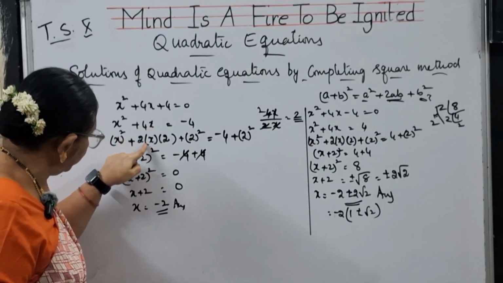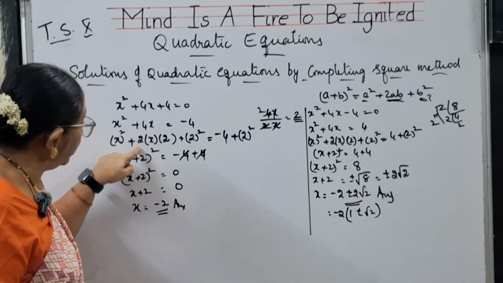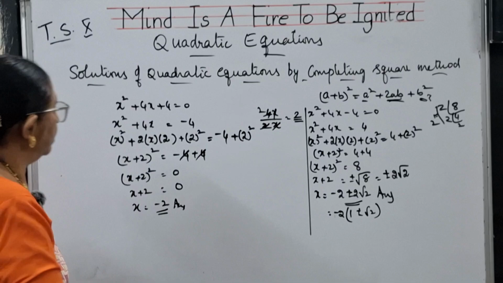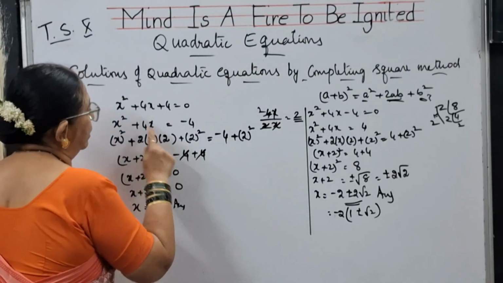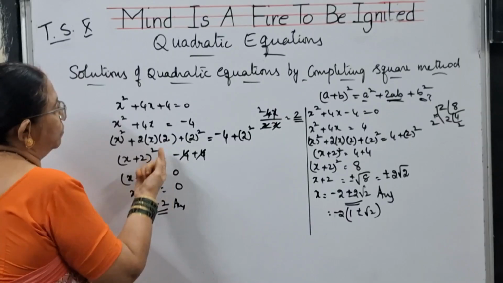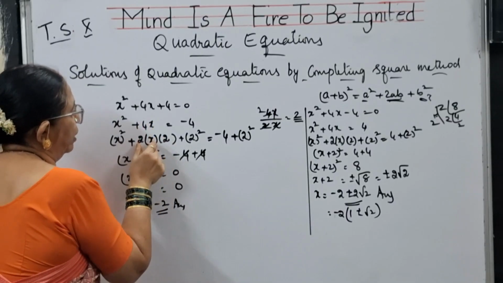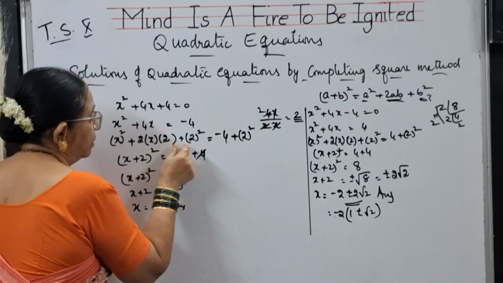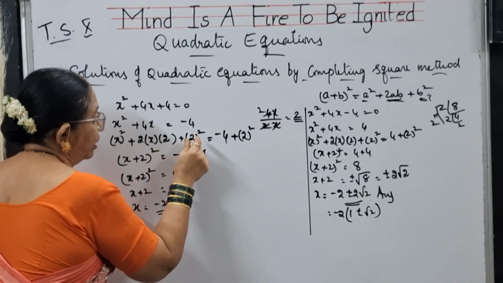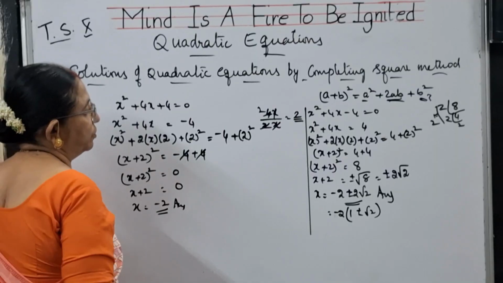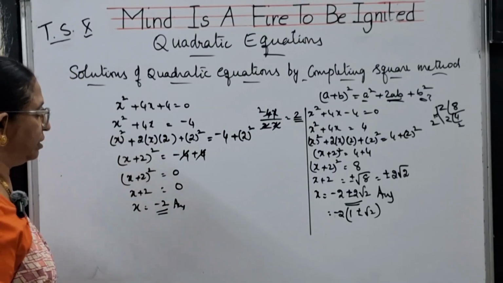From this you have to divide 2x. Why? 4x by 2x if you do, you will be getting what is the b value. Because 2 into a into b is this. We have 2 into a. What is b? How will you get? This divided by this, if you do, you'll get b. If you got the b, then b square. Whatever you are adding here, the same thing you have to add here, and you have to proceed with the problem. Don't forget this, children.